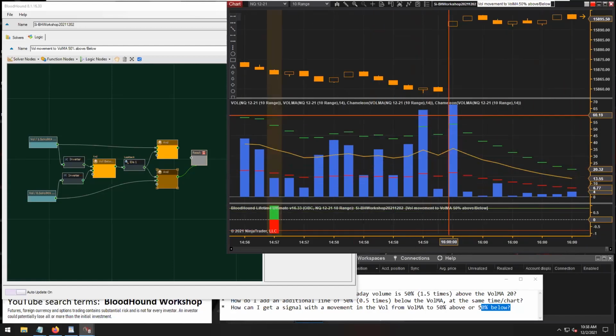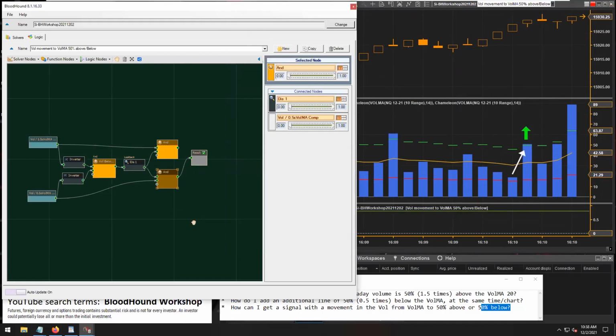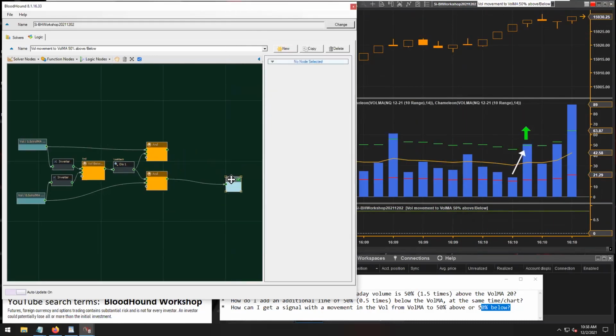Oh, there we go. So here's a situation where the volume is above the range, and then it suddenly drops below the range. And so there's no signal there. And so now the next step here is to combine both of these with an OR node.